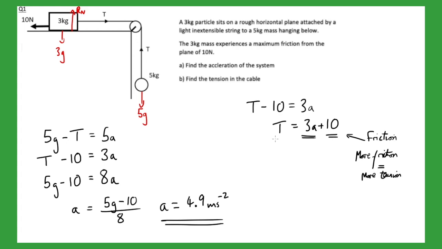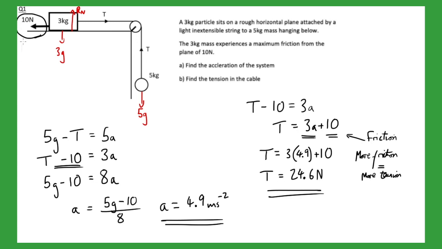Okay, so plug in the numbers. We get a T value of 24.6 newtons. So very similar to the non-friction situation, except for this bit here, where I put in the frictional force.